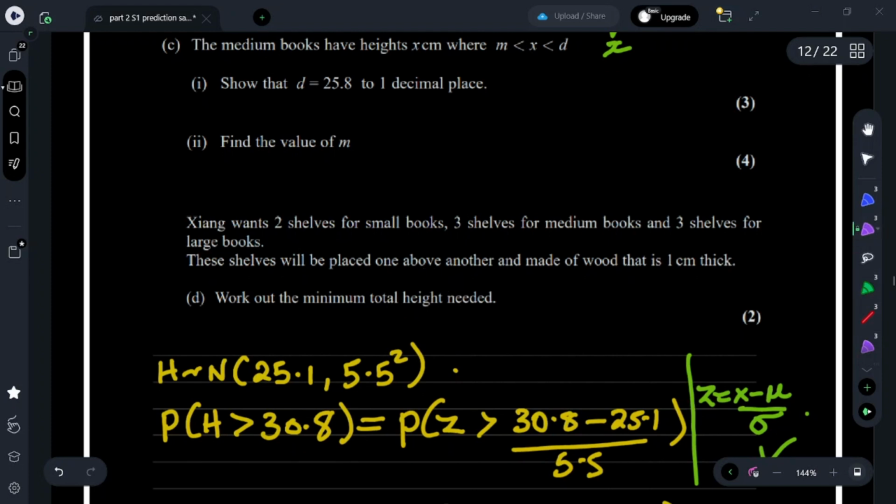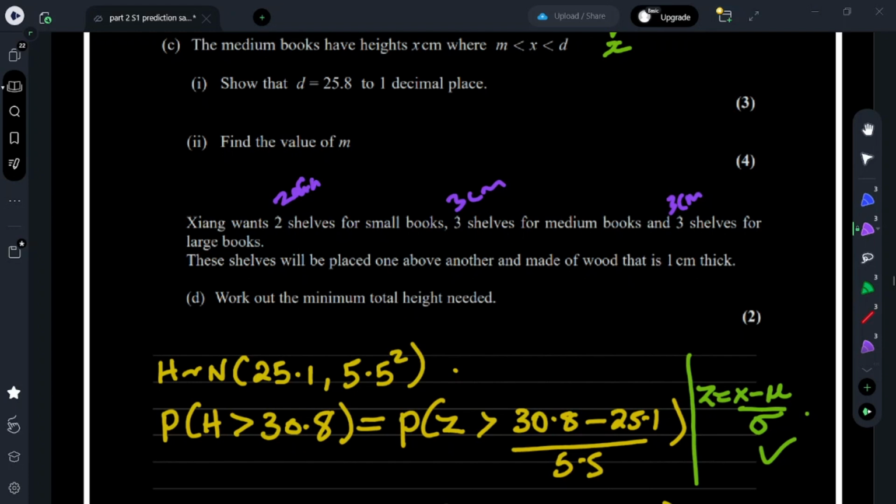Let me remind someone something here. Three shelves, each with a thickness of 1 centimeter, mean the thickness is going to be 3 centimeters for that. Another 3 centimeters for that. Two shelves, 2 centimeters for that. And that means the total thickness of these shelves, without including the other part of the box, is already going to be 8 centimeters.